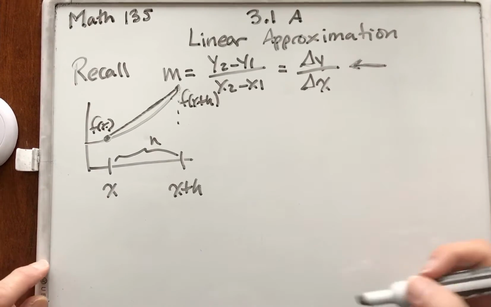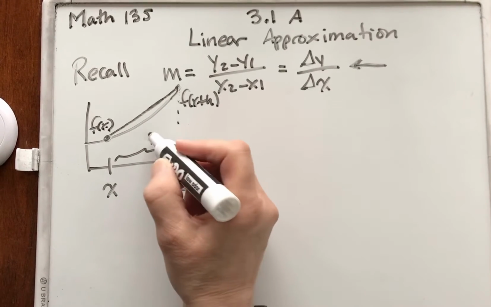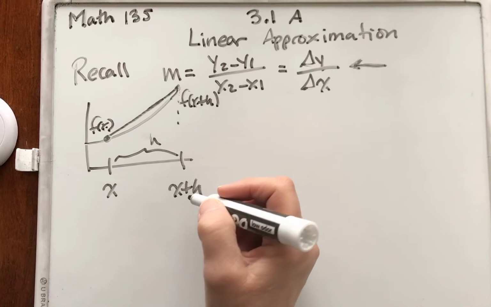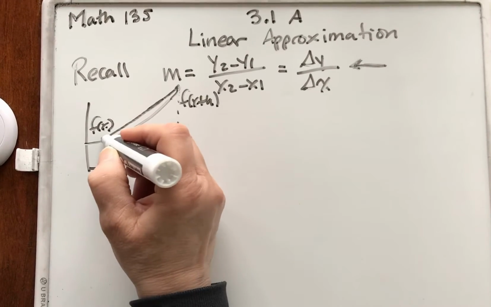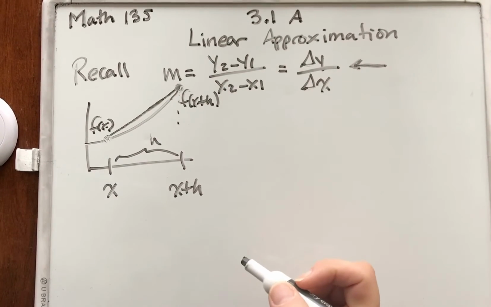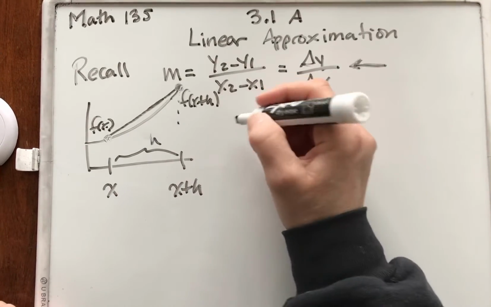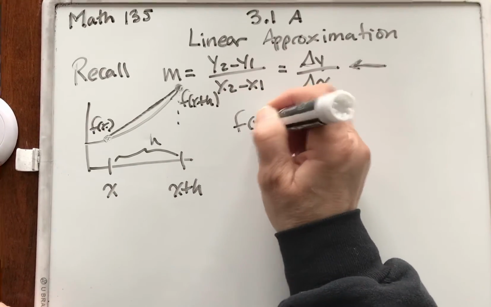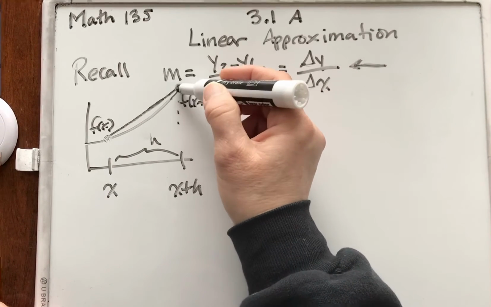All right, so looking here, if we have x and we move h distance up, we have x plus h. We've seen this before as well. So if this is x, this is f of x. And if this is h, this is f of x plus h. So to find the slope of this line right here, we would have f of x plus h, this point right here, minus the change in y's.